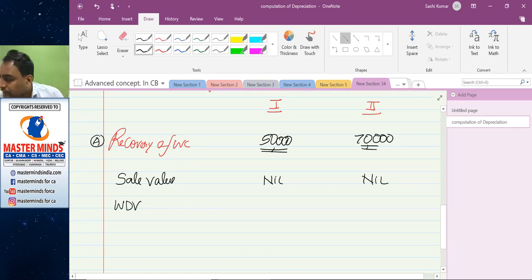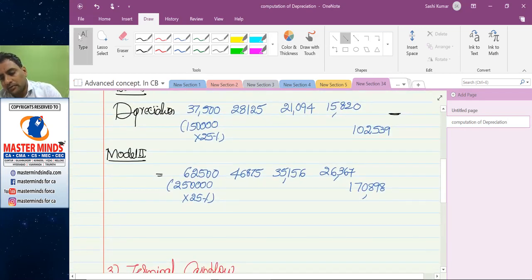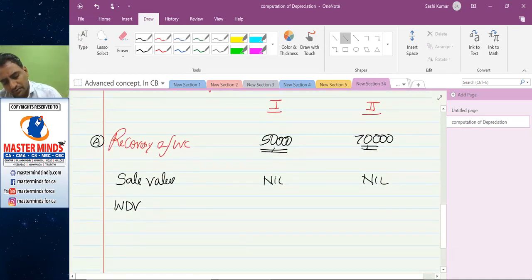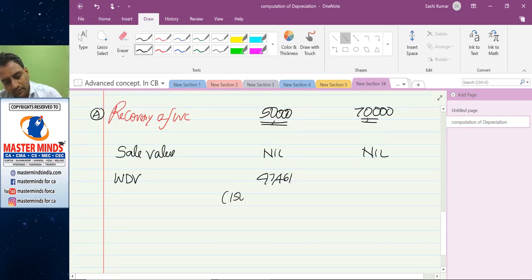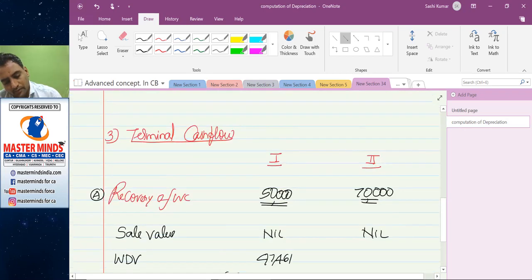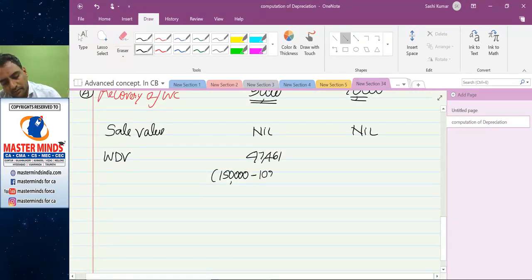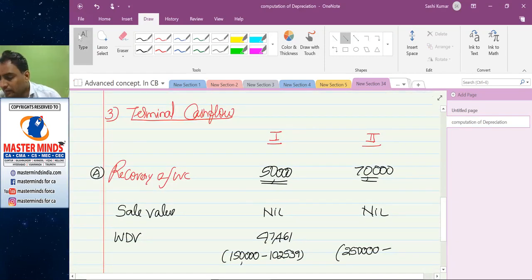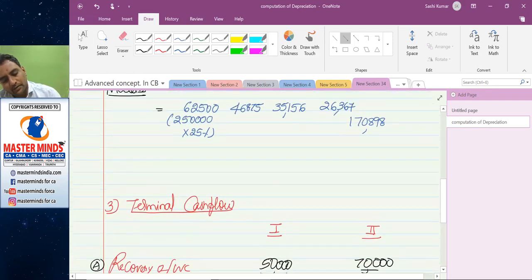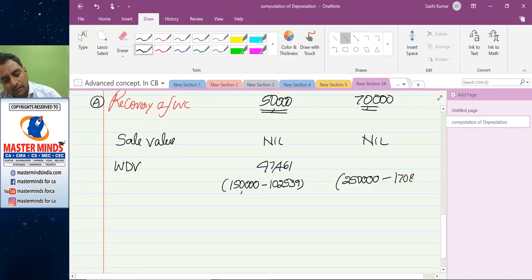WDV: out of 1,50,000, 1,02,539 has been provided, so 1,50,000 minus 1,02,539 is 47,461. For model 2, 2,50,000 minus 1,70,898 is 79,102.